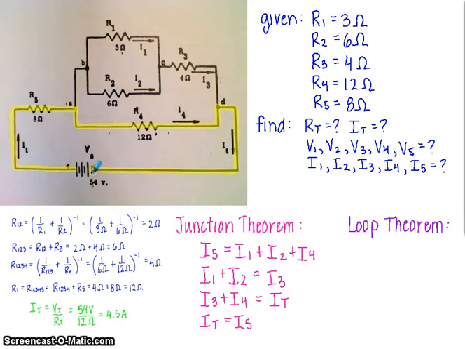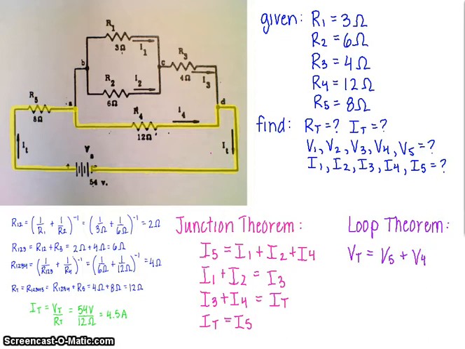So if I look at the one that I've just traced, on that loop we rise a total of the voltage through the battery of 54 volts, and then we come down in voltage through each of those two resistors. So the total rise is equal to the total drop, which would be V5 plus V4.